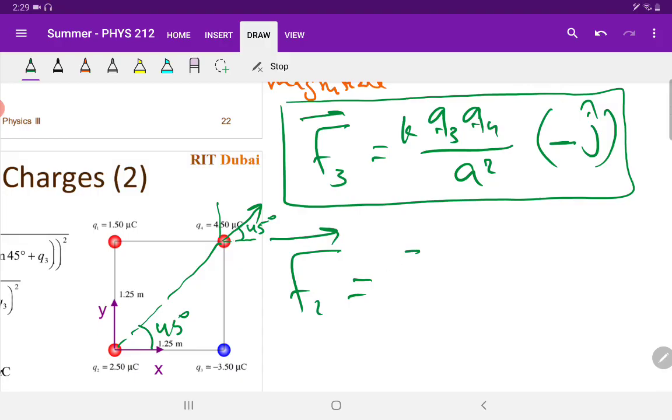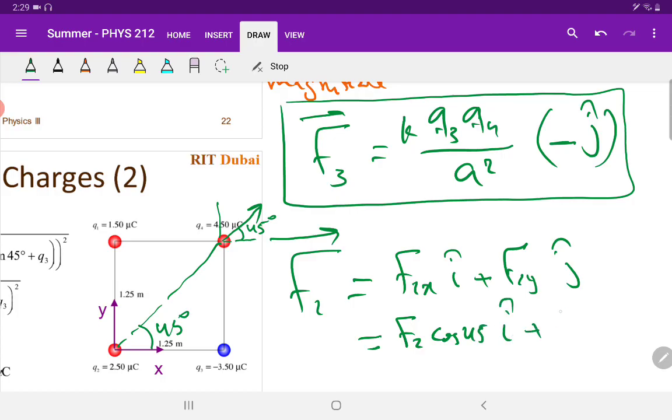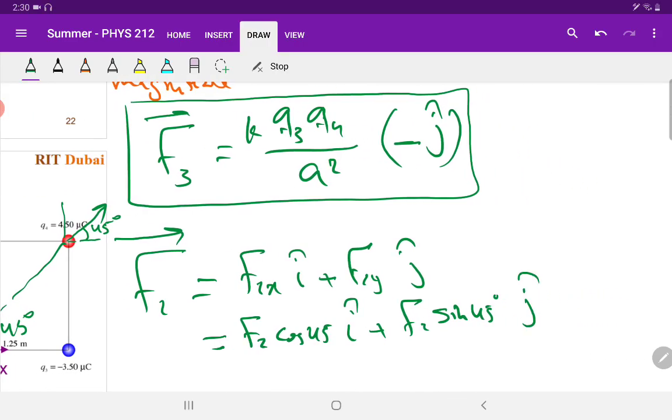That's why F2 will have F2x i hat plus F2y j hat. F2x will equal F2 times cosine 45 i hat, and F2y will be F2 sine 45 degrees, again j hat.